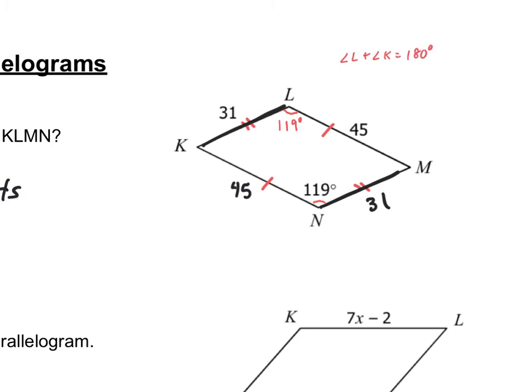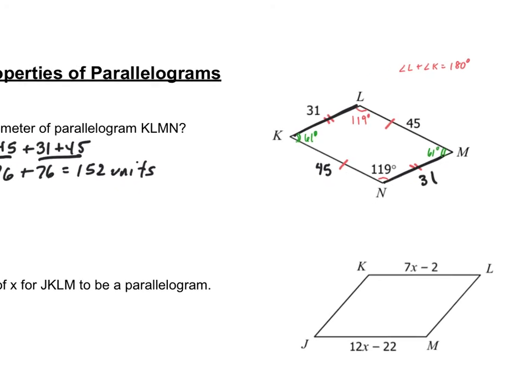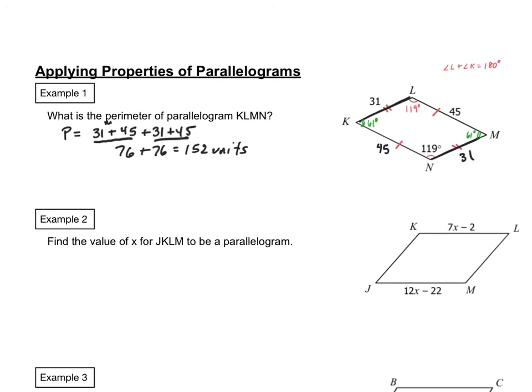So I could find that angle K is going to be 61 degrees, and then opposite angles are congruent, so K is congruent to M. Again, that's beyond the question that was asked, but those are some characteristics that we should be able to recognize.